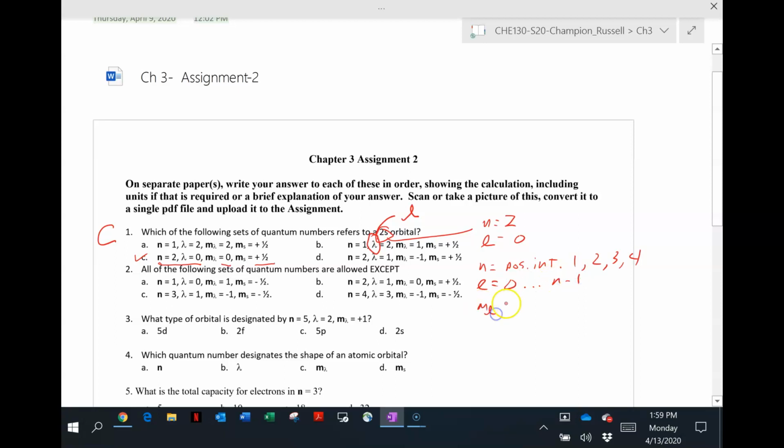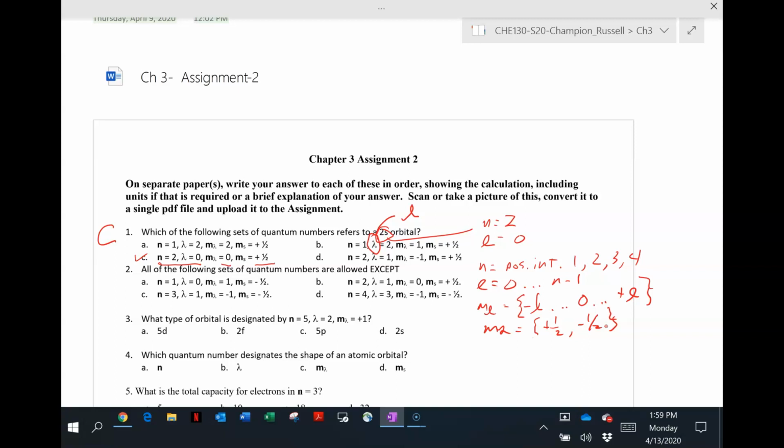M sub L can be integers between negative L and positive L. And m sub s, of course, is either plus 1/2 or minus 1/2. So we're looking for something that violates that. Like, for example, if L is the value of n or greater, that would be a bad orbital.